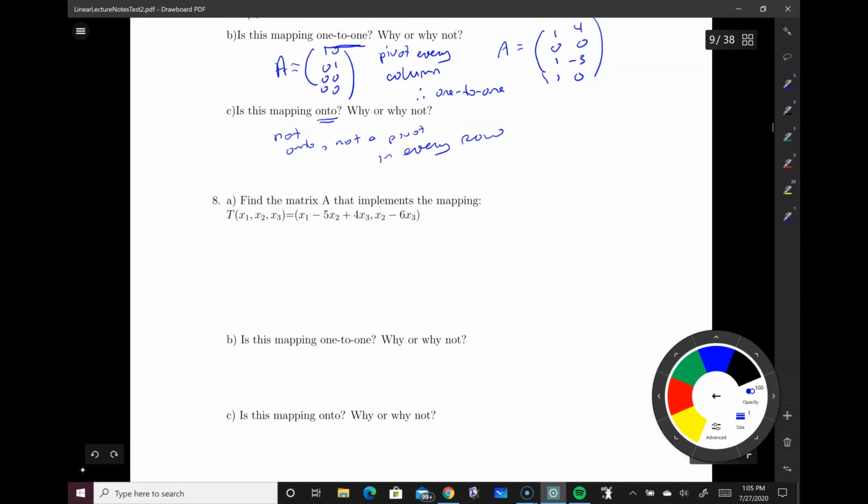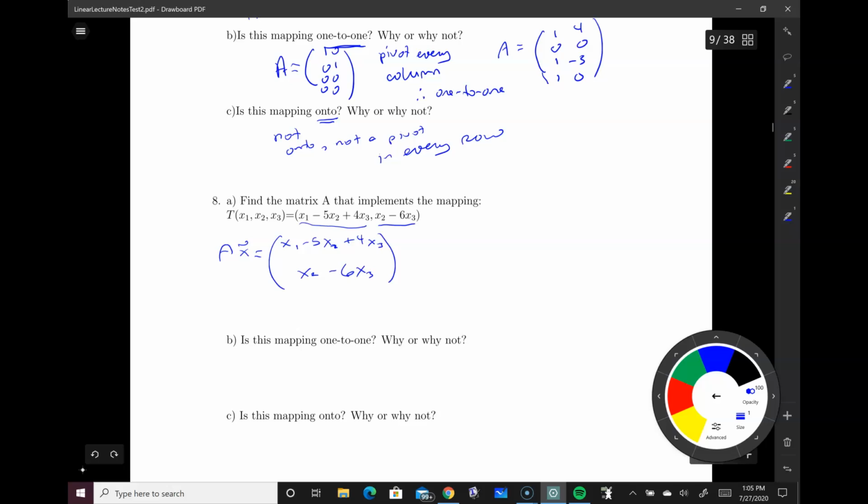All right, so let's do one more. I'm looking at this matrix again. We'll be looking for the commas. This is the first row and that's the second row, right? So Ax would equal x1 minus 5x2 plus 4x3, and then x2 minus 6x3.